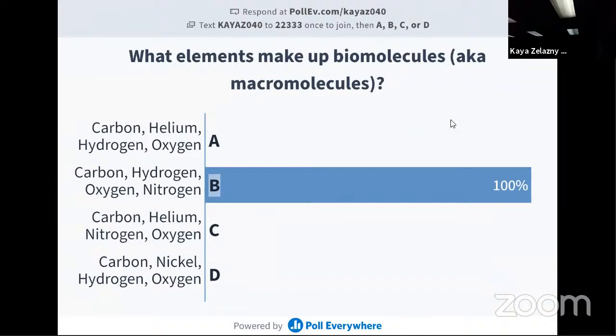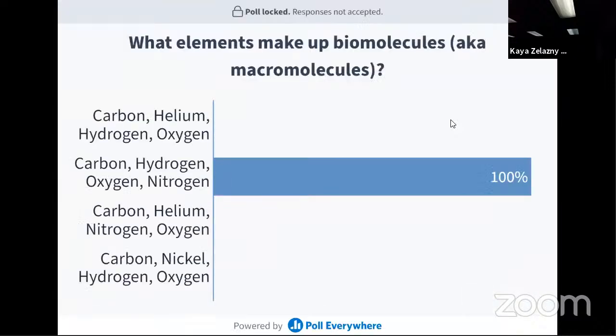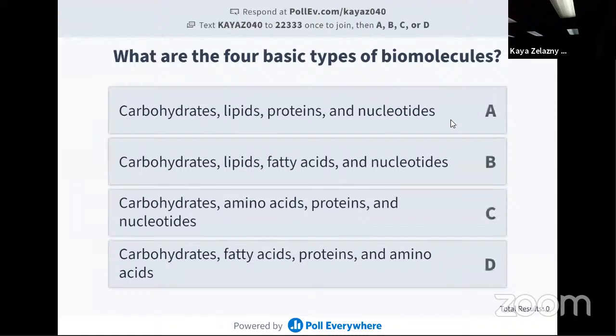Awesome. Yeah, the atoms we see in our biomolecules or macromolecules are carbon, hydrogen, oxygen, and nitrogen. Those are the main ones. We might add phosphorus to that list depending on what specific macromolecule we're talking about. If we add in R groups, we might see some rarer things, but these form the basis of our macromolecules. Okay.